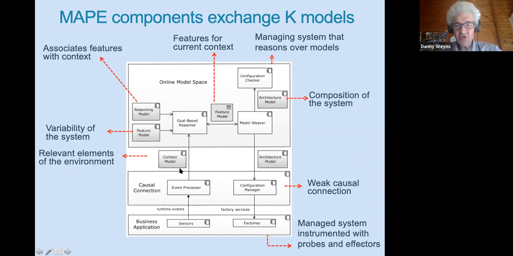So all in all, what you see here is these four elements, goal-based reasoner, model weaver, event processor, and configuration manager, are basically realizing again this feedback loop. And they exchange models with one another to realize self-adaptation.